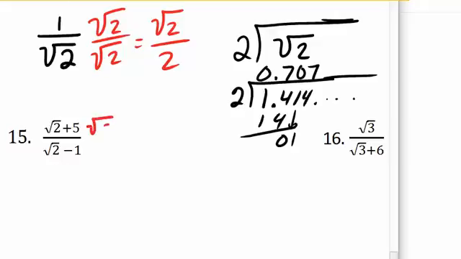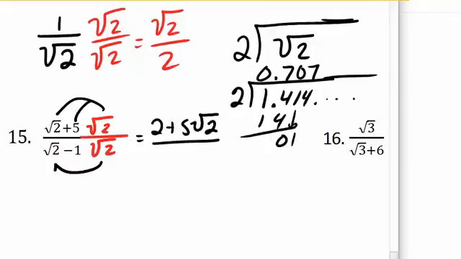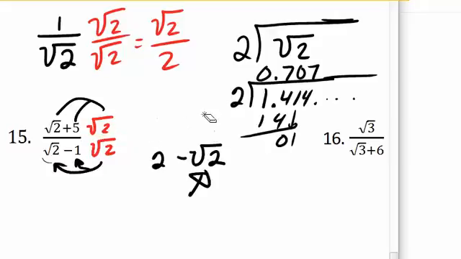But if we try to get rid of it just by multiplying by square root of 2, like we did previously, watch what's going to happen. I would distribute it here and here, and I would get 2 plus 5 square root of 2, which isn't a problem. But when I go to distribute it here, it does get rid of that first one. Square root of 2 times square root of 2 is 2. But when I do it to the second one, it still comes back in the denominator, and that doesn't help.